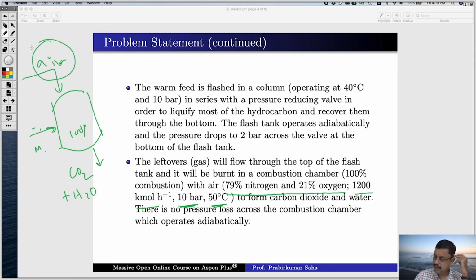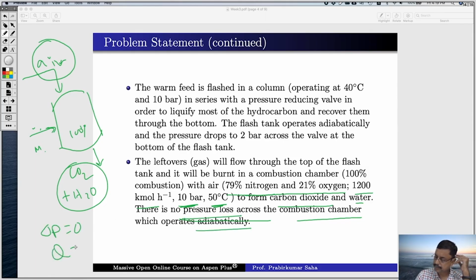Now it will form carbon dioxide and water, as I said already, and there is no pressure loss across the combustion chamber, which operates adiabatically. So there are two information hidden here: no pressure loss and operates adiabatically.